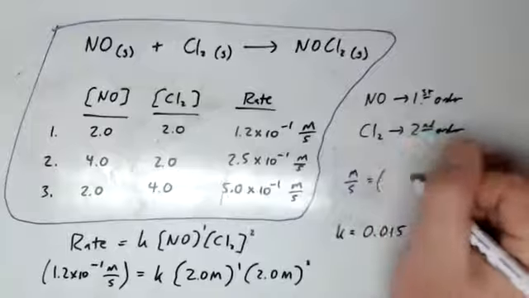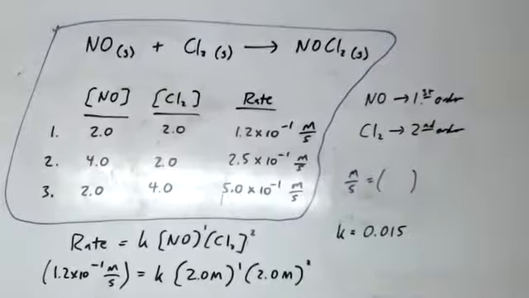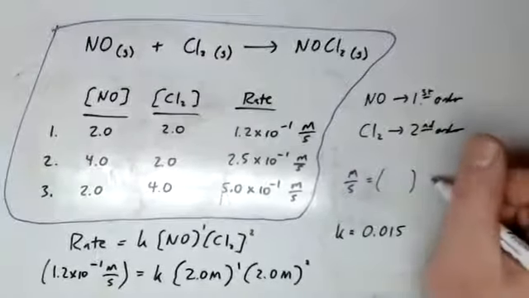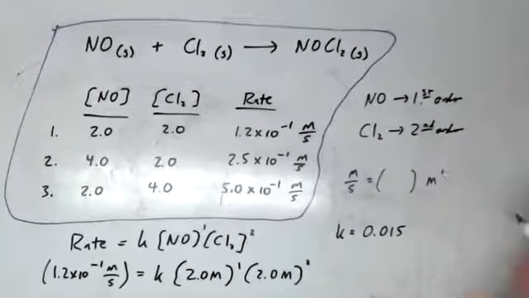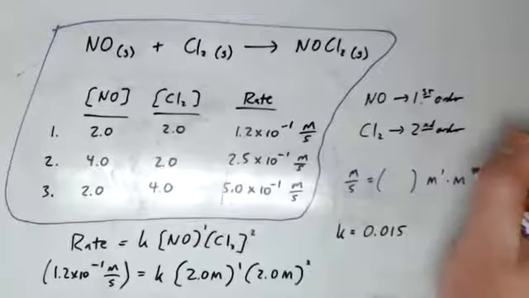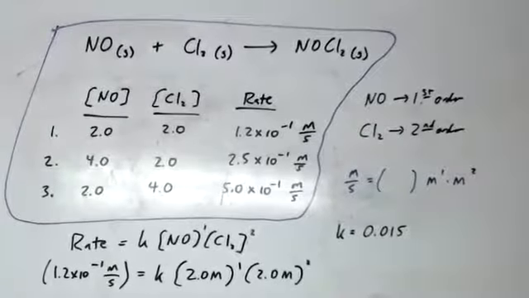So we've got mystery units for K here, which we're trying to figure out. Our NO concentration was molarity to the first, and our Cl2 concentration was molarity to the second. So what would have to be the units for K to make sure our units on the right-hand side total up to be just molarity per second?